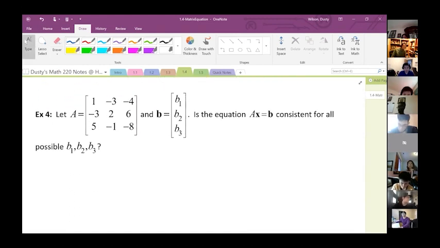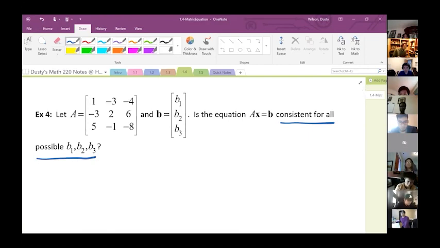So let A equal this matrix and b be an arbitrary vector b1, b2, b3. And so I want to know, is the equation AX equals b consistent for all possible b1, b2, b3?